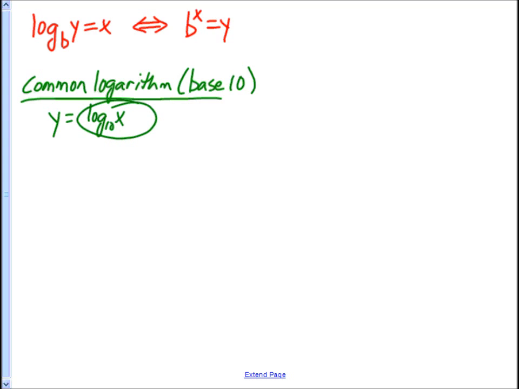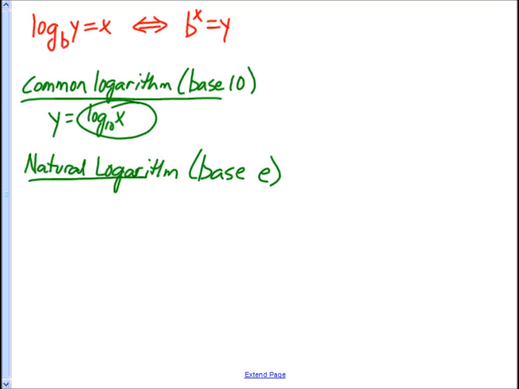Then you've got the natural log, and this is a special one as well. This is if your base is e. If you have base e, you call that the natural log, the ln of x.